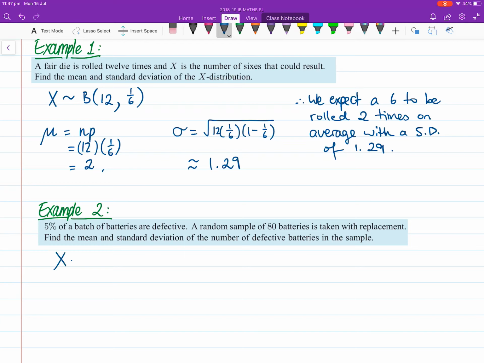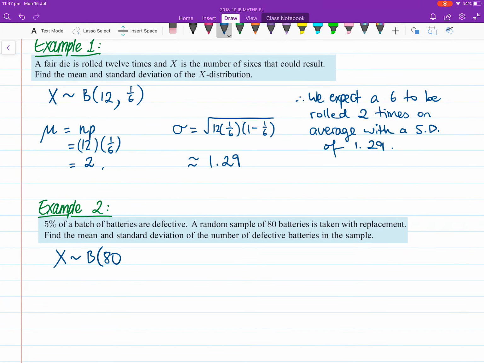Our random variable has a binomial distribution of 80 trials, so you're pulling 80 batteries out, and 5% is defective. 5% is 5 out of 100, or let's simplify it to 1 on 20 as a fraction.